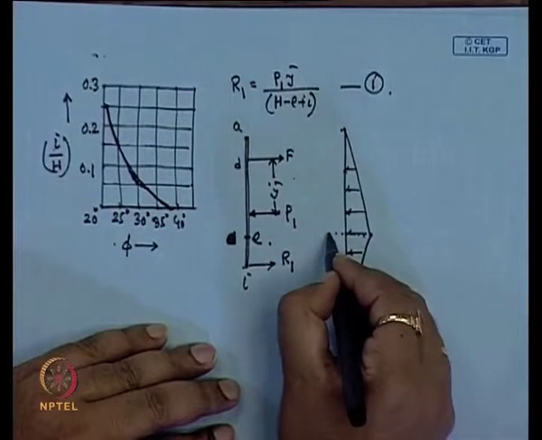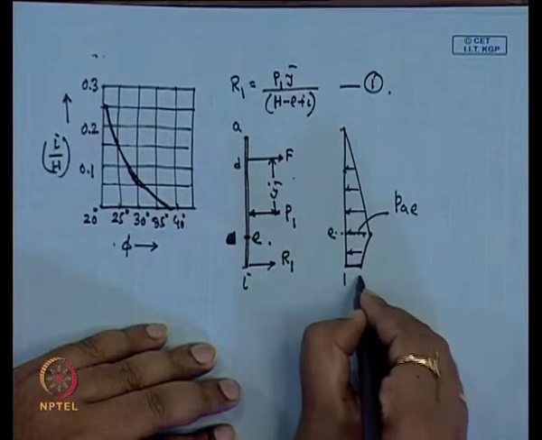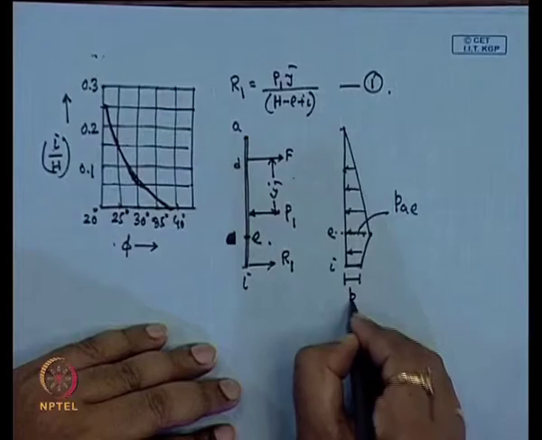So, as I have discussed, at the E point this is P A E. Similarly, this value at the I point we can determine, that is P 0.